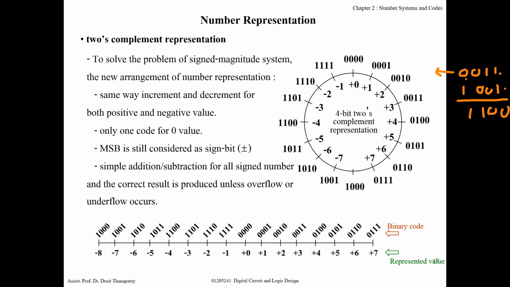In this number system, 0 0 1 1 represents plus 3, and this one, 1 0 0 1, is minus 7, and this one is minus 4. Oh, this number system is so good, right? Because you can do addition directly in binary code, and your result is also correct. It's very good.